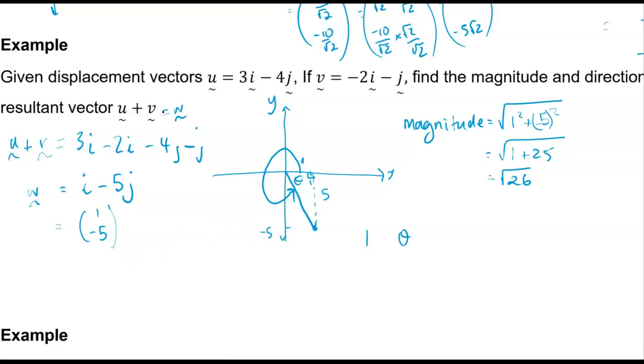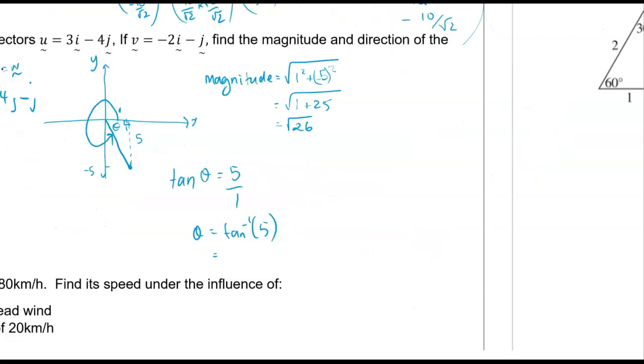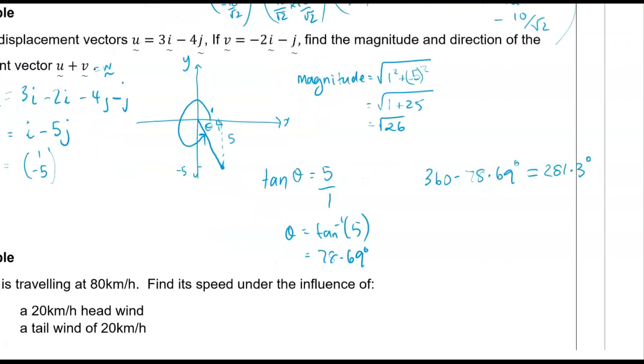We don't have the hypotenuse, so we want tan of theta equal to opposite on adjacent. So tan of theta is 5, so theta is inverse tan of 5. Let's pop that in the calculator. So theta is 78.69 degrees, but we want the whole angle. So we want to take 360 and take away 78.69 degrees and see what that equals. It's about 281.3 degrees.